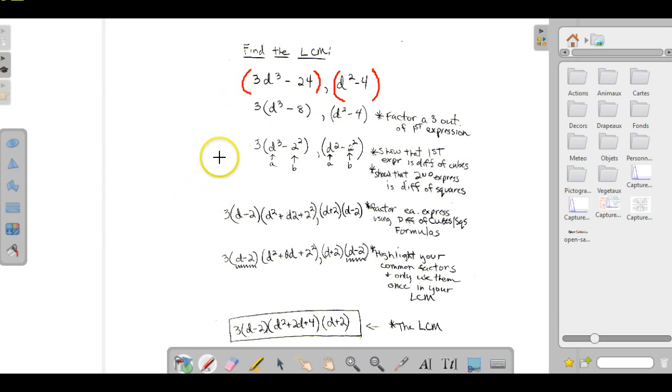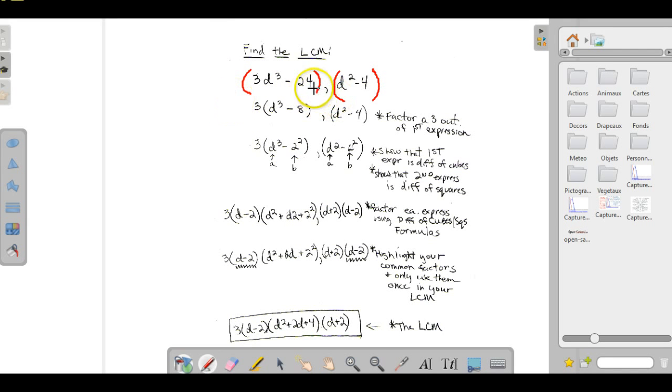So we want to find the number, and here's the answer down here, that both of these can go into. And you can see that, well, you can't see it yet. You'll see it when we get down here. So we won't skip ahead.